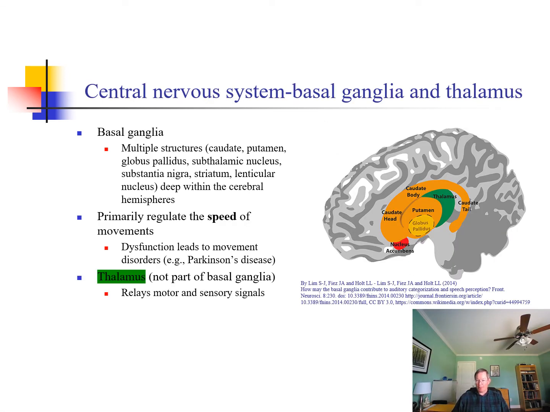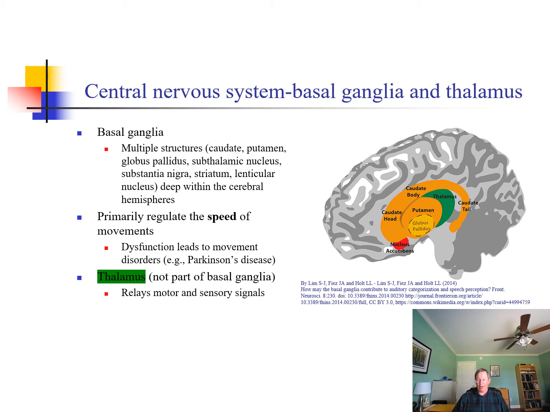Now, deep within the brain, underneath the cortex, there are some structures which are collectively called the basal ganglia, and immediately behind most of that is a section which is not part of the basal ganglia called the thalamus. And the basal ganglia has the very difficult task of regulating the speed of movements.